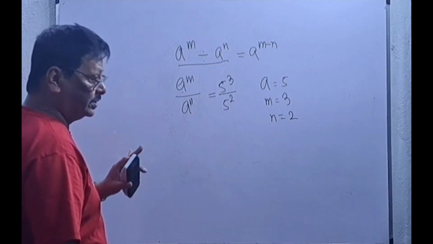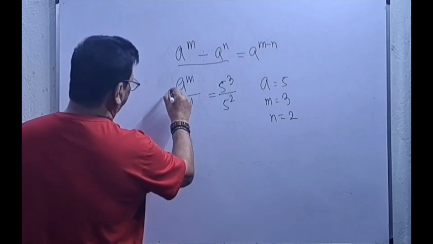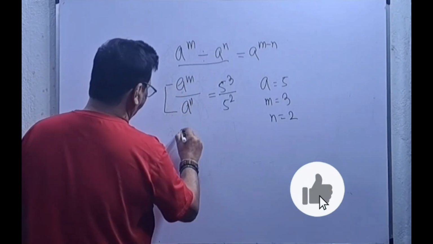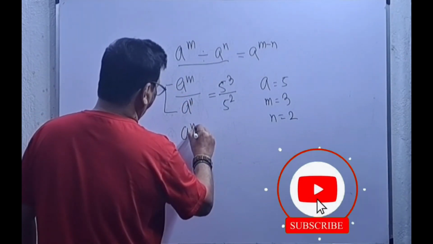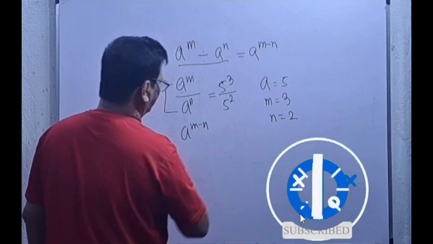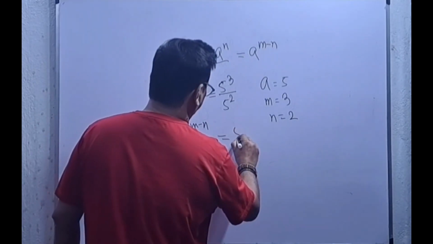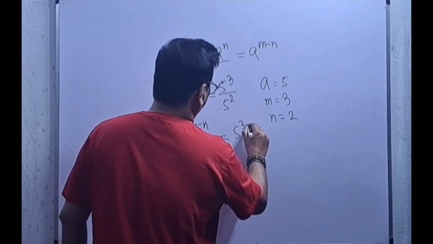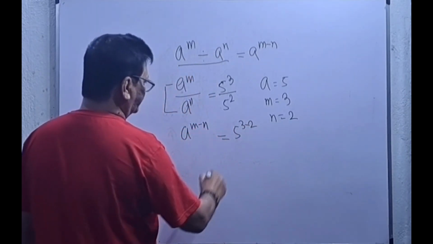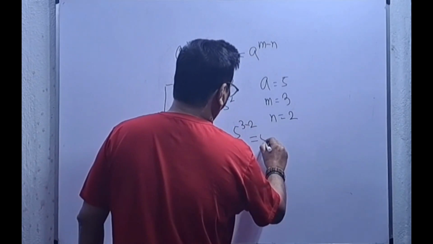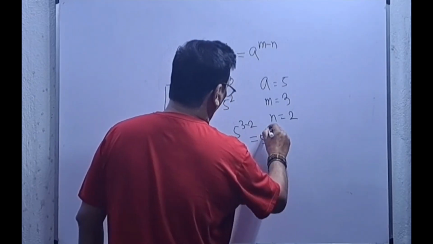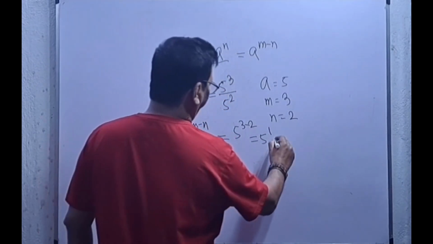Now see the fundamental part. We have written this as a to the power of m minus n. So here if we apply, 5 to the power of 3 minus 2. If you subtract, you get 5 to the power of 1, which is 5, right?